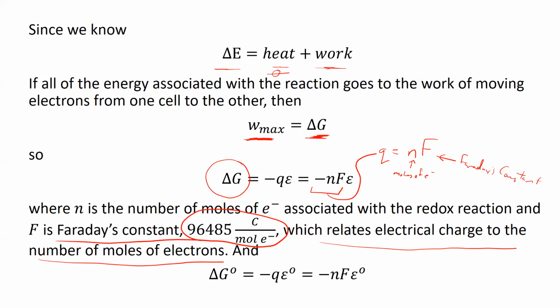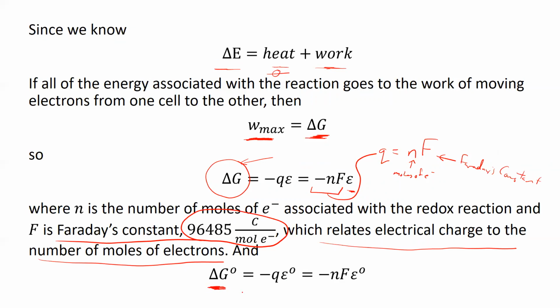And so now you can relate the amount of free energy associated with a redox reaction to the amount of charge that moves and the cell potential. Of course, if the reaction is under standard conditions, that gives you delta G naught.